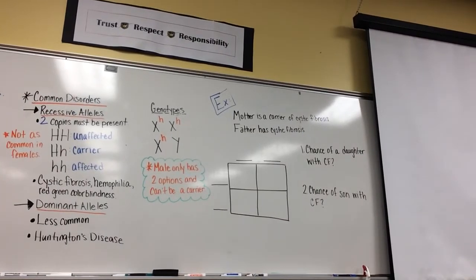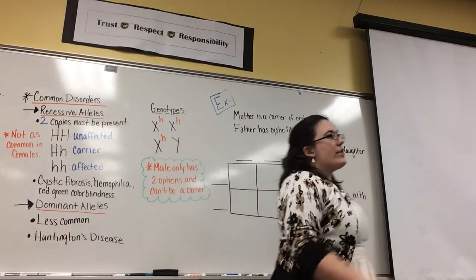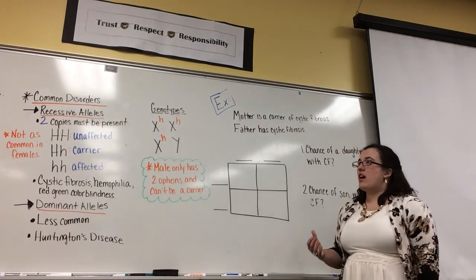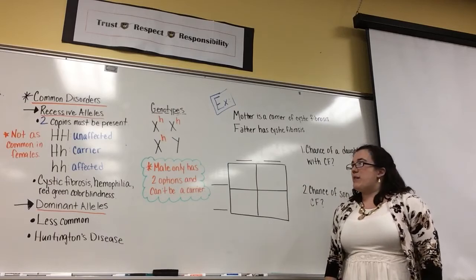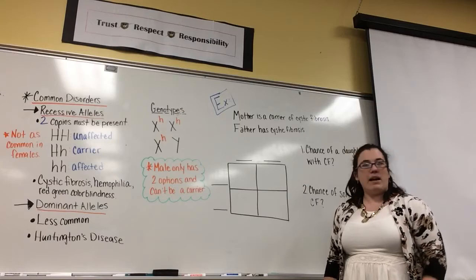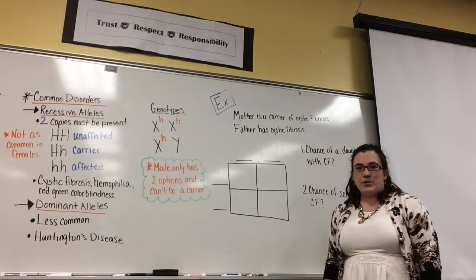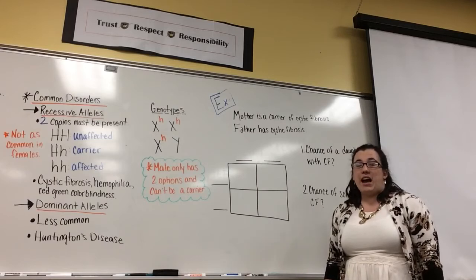You also have to think about the chances of a man passing something to his son, because with him having only one possibility, if he isn't affected by a disorder, he can't pass that to his son, because he would have to give the Y chromosome to his son to be able to have a son.